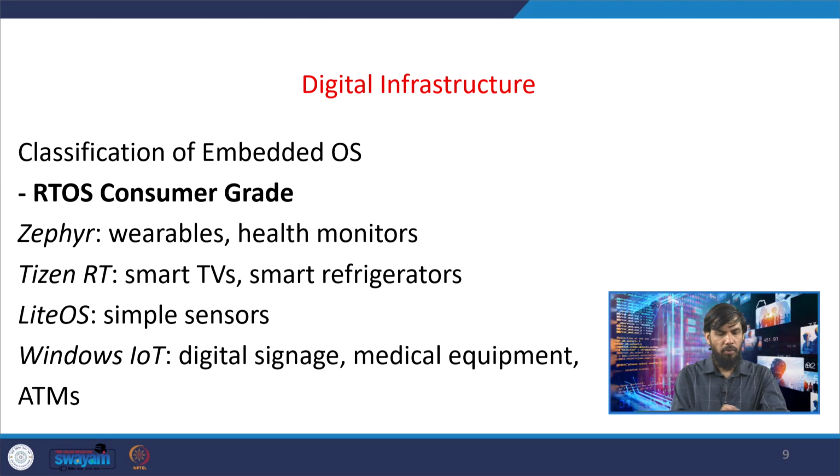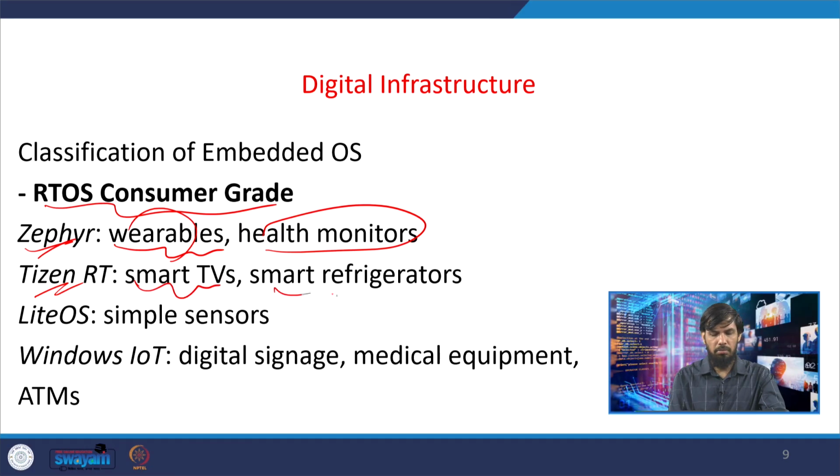Moving on, for RTOS for the consumer, what are examples of these operating systems? We can see G-Fire for wearables and health monitors, and Tizen RT for smart TVs and smart refrigerators, right? Then LiteOS for simple sensors.